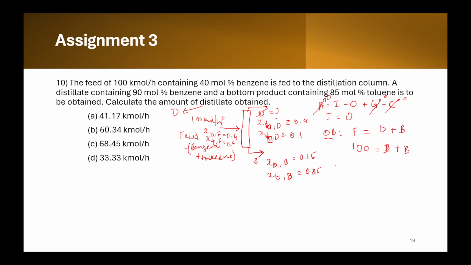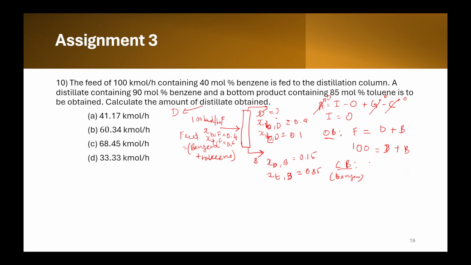Then we write the component material balance, preferably for benzene. For benzene, mass of benzene in is equal to mass of benzene out.